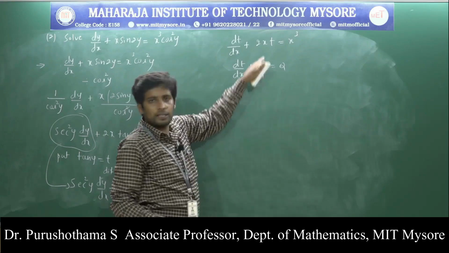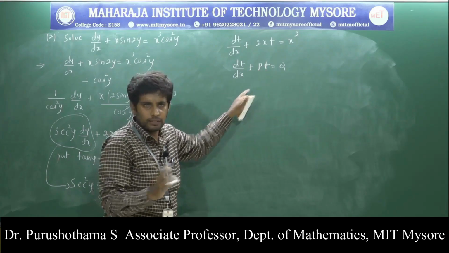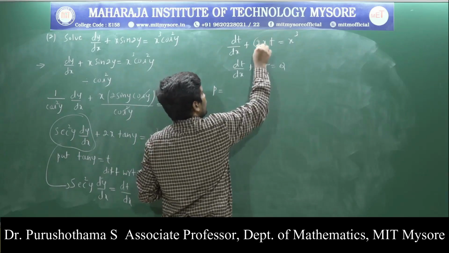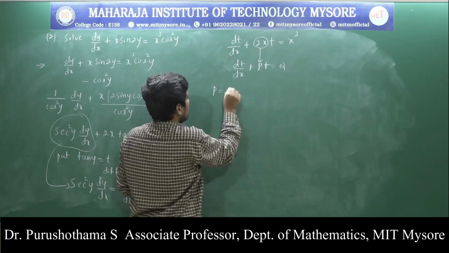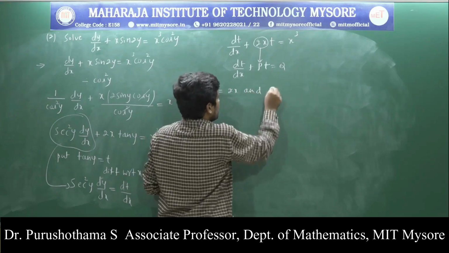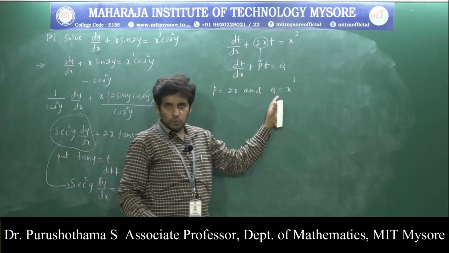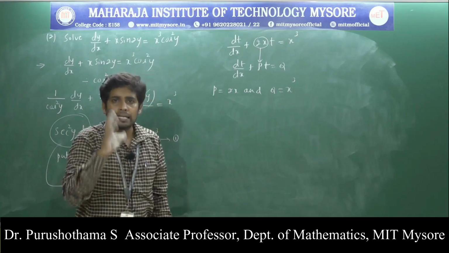Comparing the given equation with the standard form of a linear equation, we get p equals the t coefficient, here p equals 2x and q equals x cube. This is p and q. Now find the integrating factor.